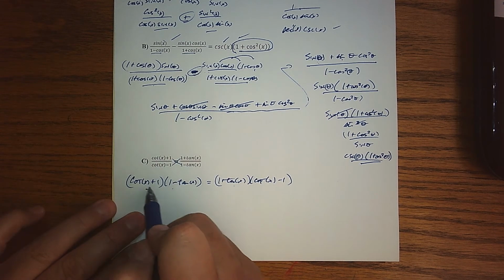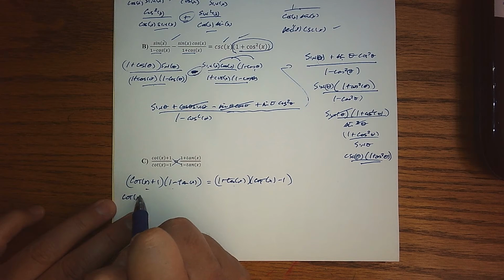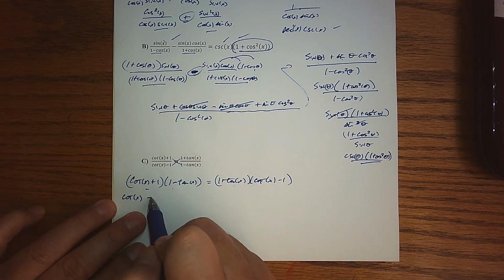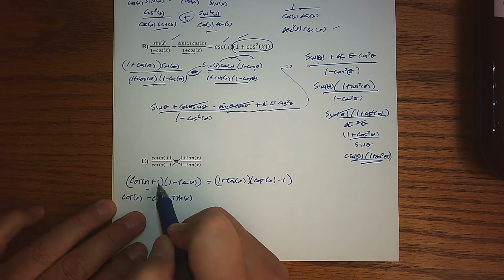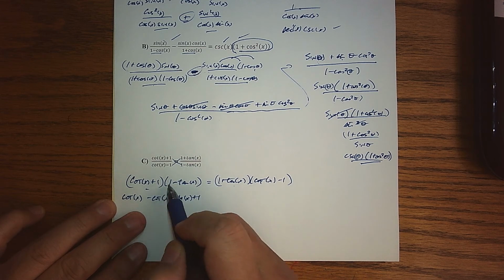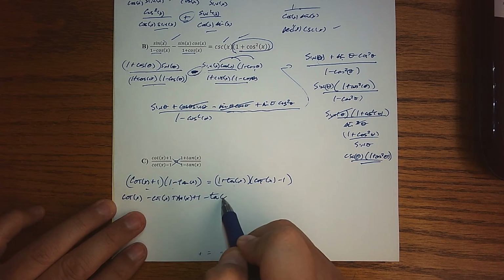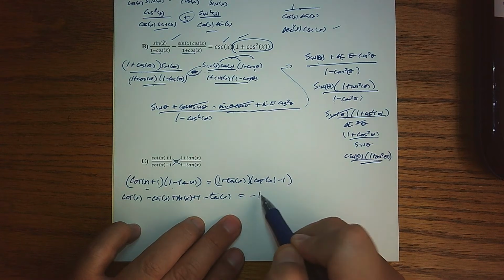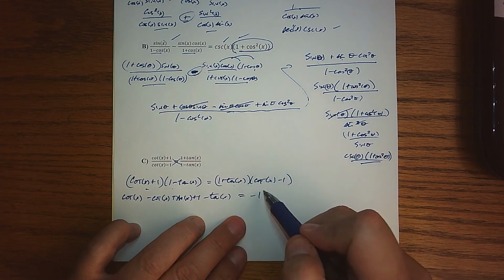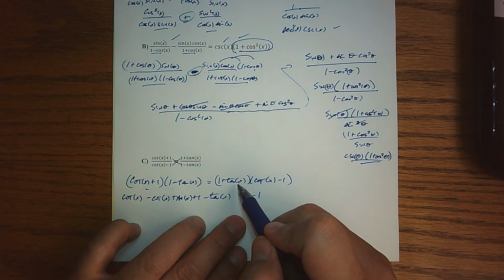So if we FOIL this out, we get a cotangent of x minus a cotangent times tangent plus 1 minus a tangent. So that's that side. On the other side, we get a minus 1. Let me make sure I did that right. Yep.